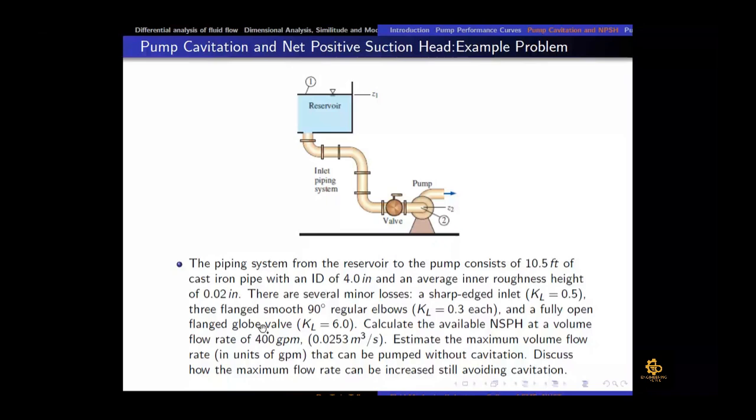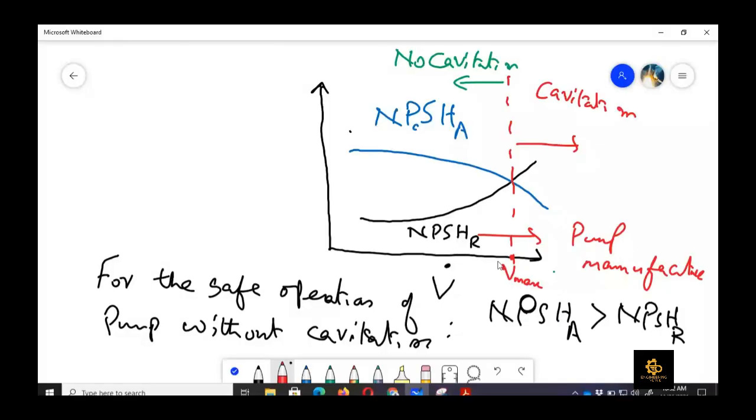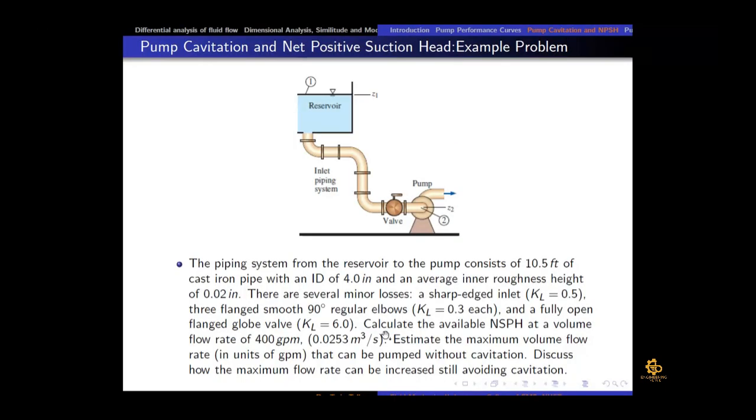So they need to calculate this Vmax in this location. This is the maximum volume flow rate at which there would be no cavitation. Above this value, there would be a possibility of cavitation, and below this value, there wouldn't be any cavitation. First things first, we would calculate the available net positive suction head at the given volume flow rate of 400 gallons per minute.